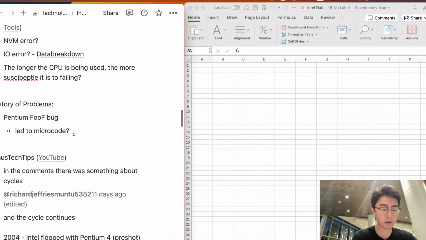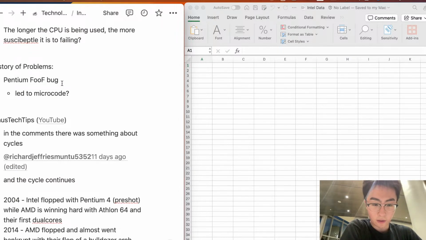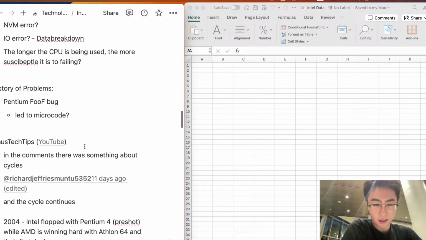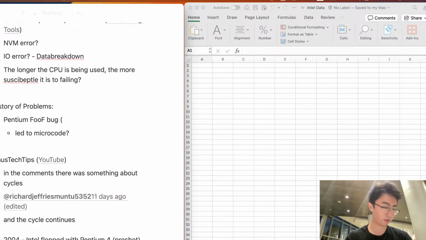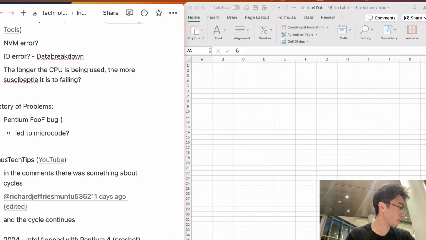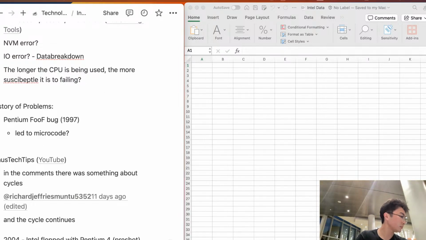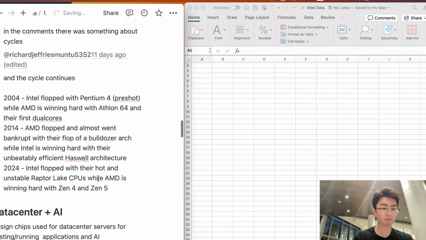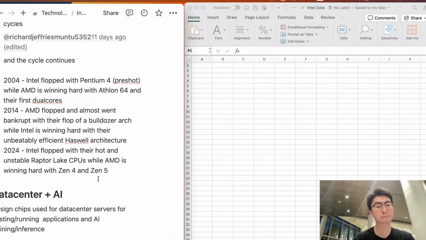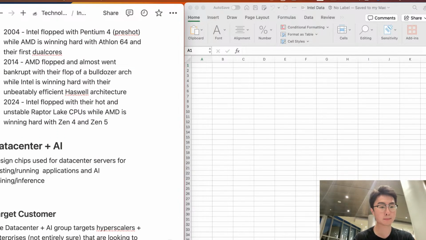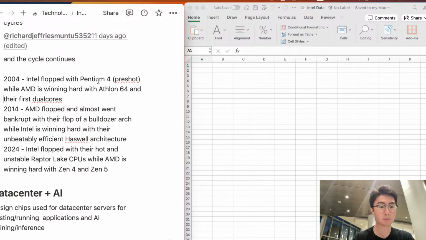Okay, so there's the Pentium FDIV bug, which I think was another Intel bug that existed maybe in 2005. Let's double check. Oh, never mind. This is 1997. Pentium 4.